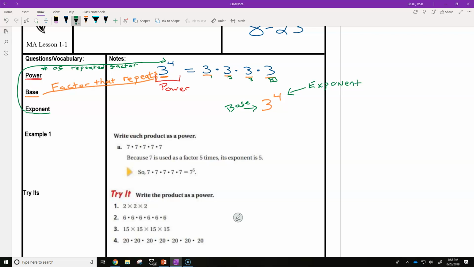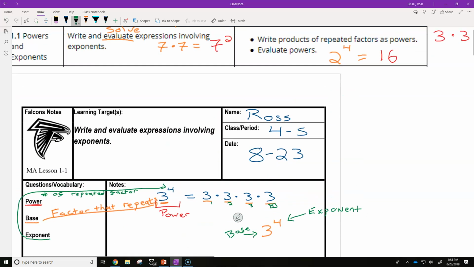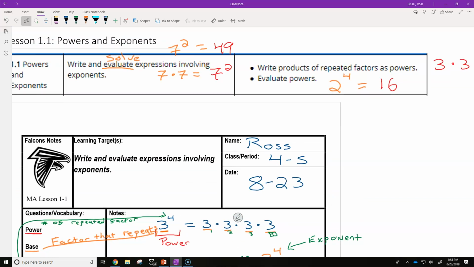I don't feel like this is going to take us long, so make sure you follow along with us. Example 1. Right now, I'm going to erase this from mine. We are going to start with this very first checking point, this criteria. It says, write products of repeated factors as powers. We already identified what repeated factors are.